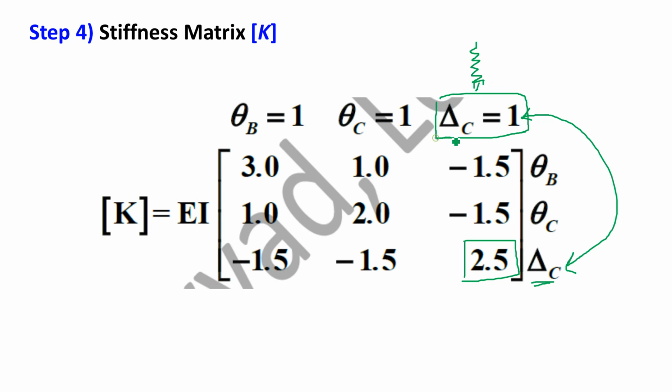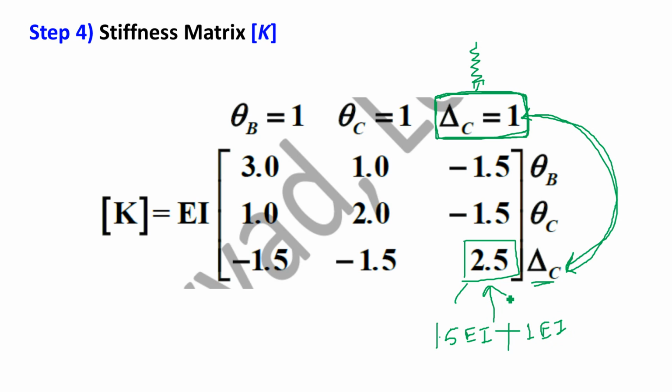And since the spring has the ability to compress, the delta C unknown is introduced because of the spring only. So this 2.5 we have obtained: 1.5 EI is the reaction due to moment, and then we have added 1 EI, the stiffness of the spring, and that's why the total answer is 2.5 EI.